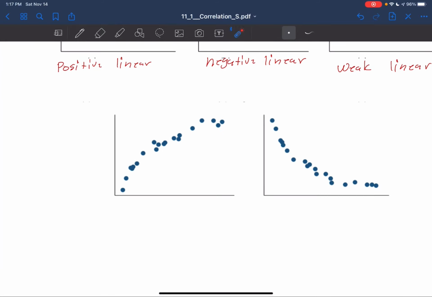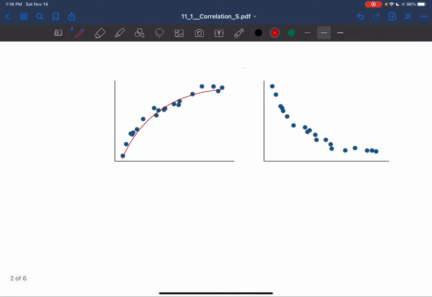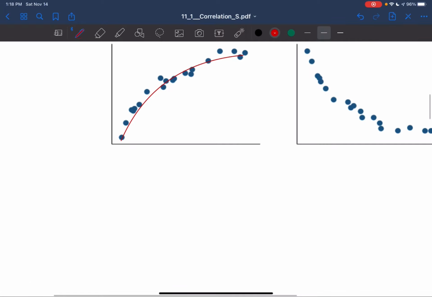How about this one? Notice that it does increase because it's going upwards, but does this look like it's clustering around a line? Not really, because it looks like it's bending. So this is not a linear relationship, but it's still increasing.